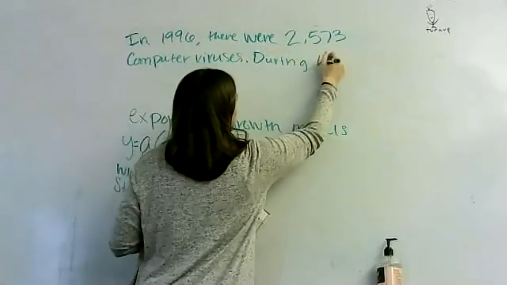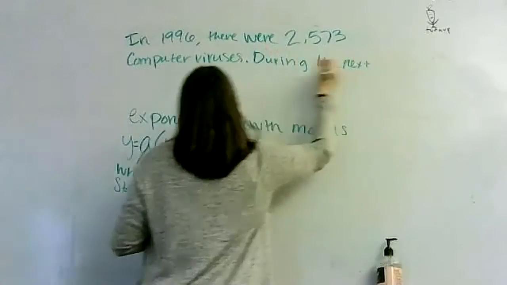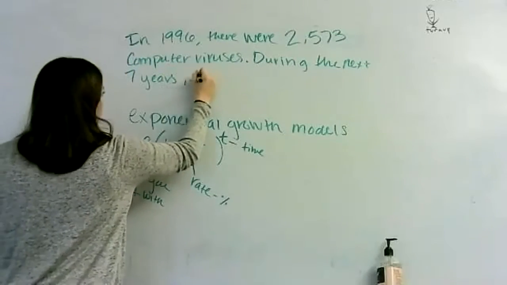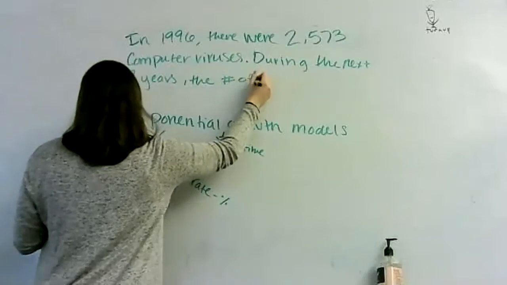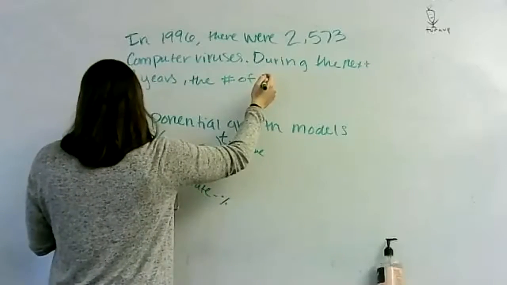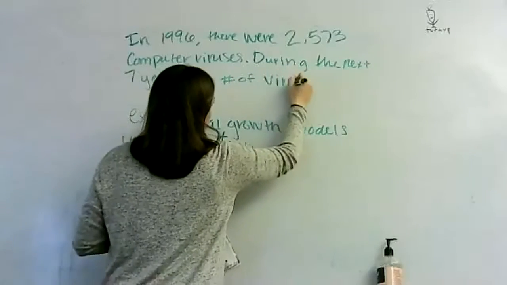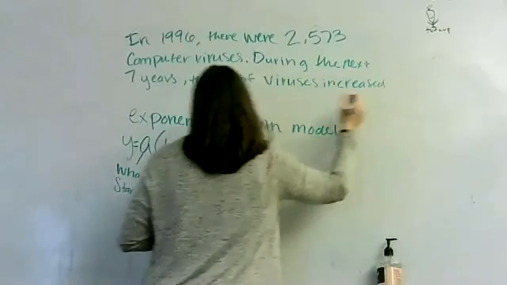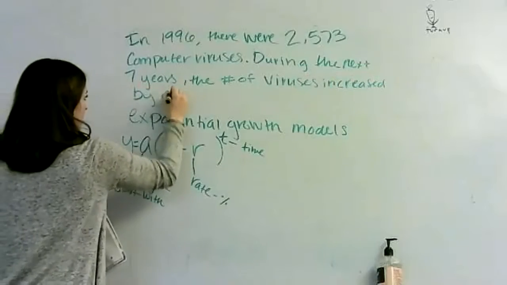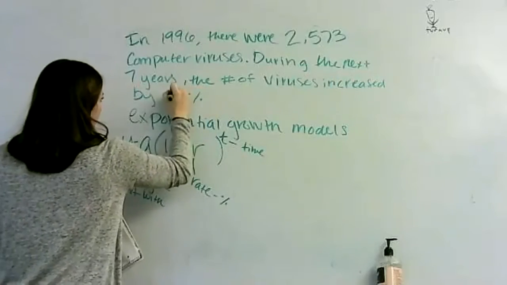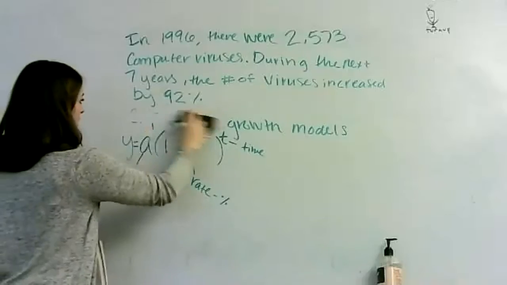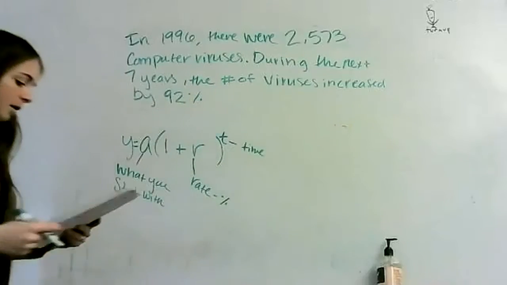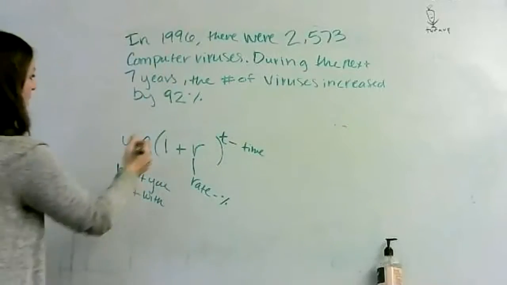So during the next 7 years, the number of viruses increased by 92% each year.